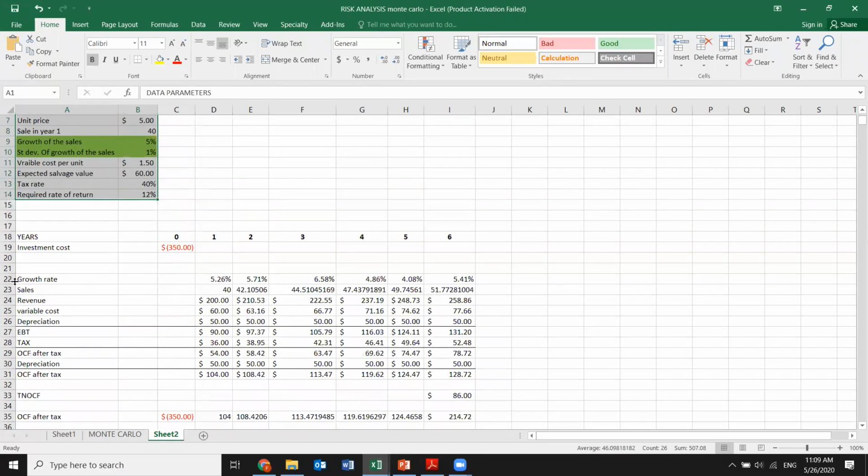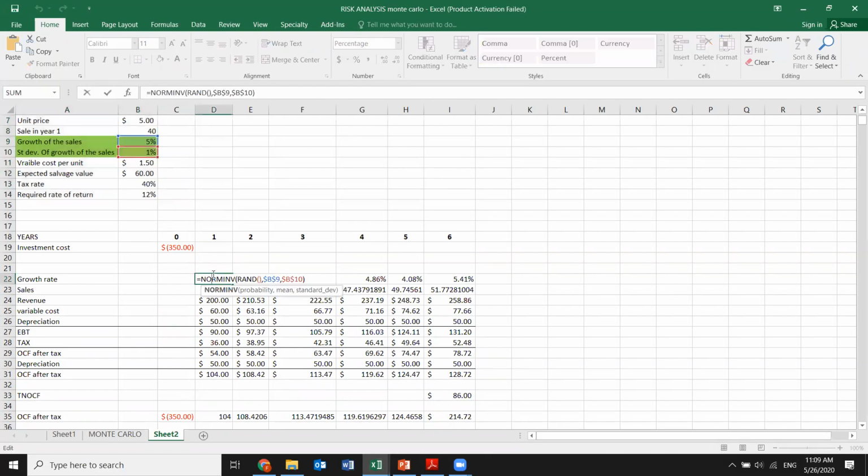So what we did, we first of all created the growth rate, but we created it in a way that it changes every year. So it's a kind of unpredicted growth rate. We are trying to simulate the real market, because we cannot predict how much it's going to grow, but we can make an approximation, with some deviation.